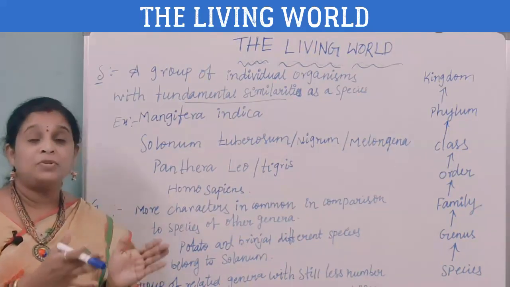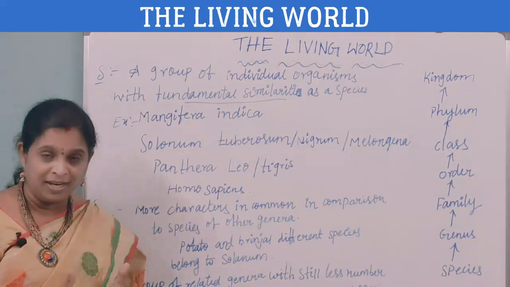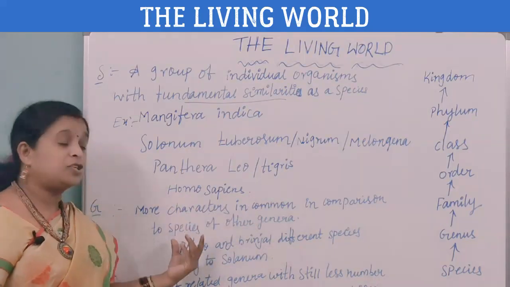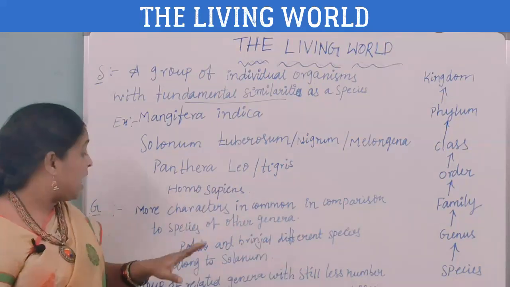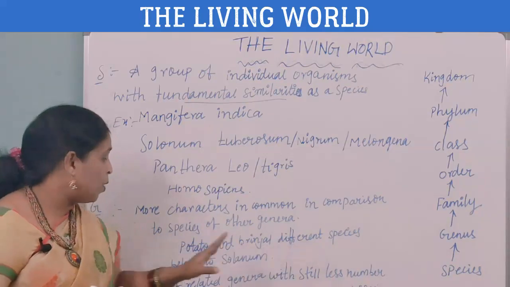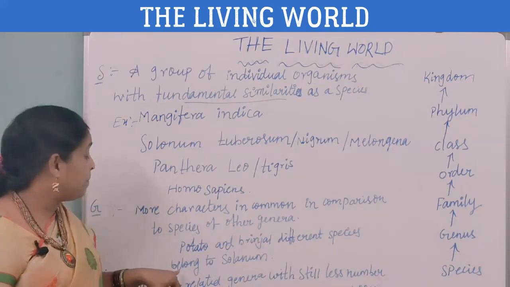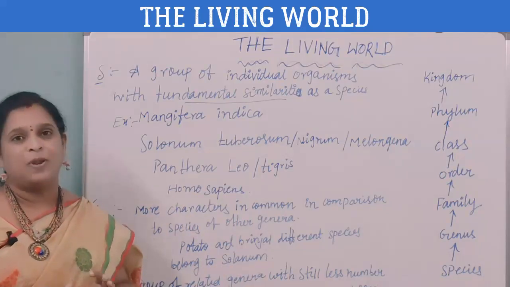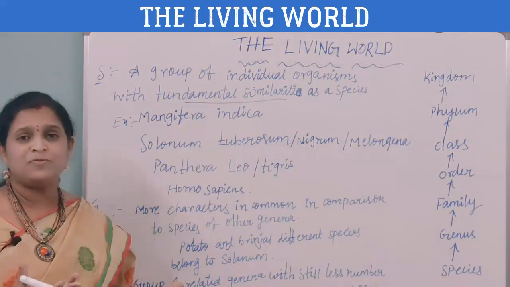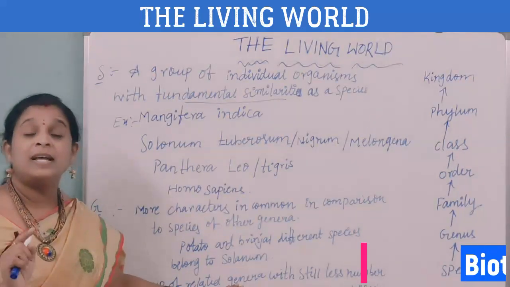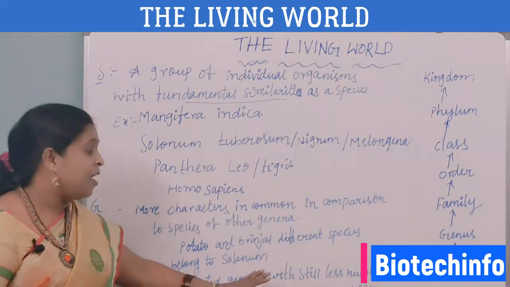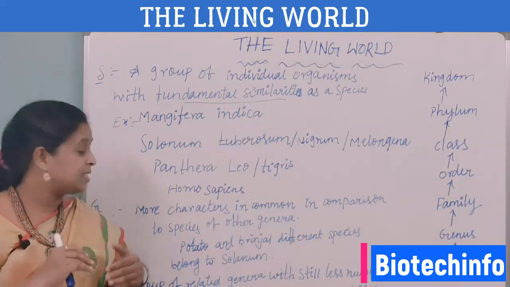As an example, potato and brinjal are different species, different types of vegetables, but they belong to the same genus, Solanum. Now family: a group of related genera with still fewer similarities compared to the genus and the species.